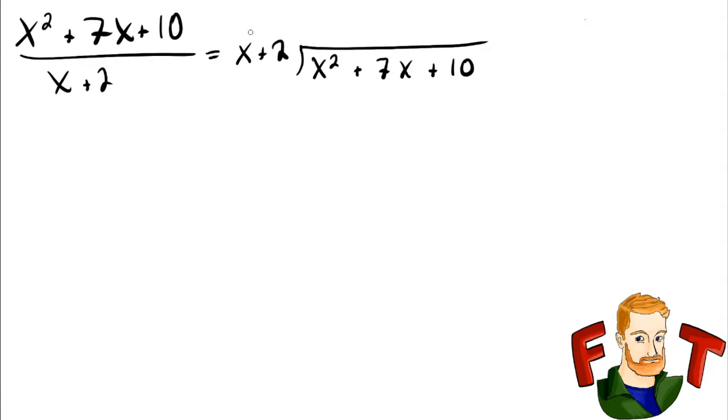So x goes into x squared x times. So we put the x over here because the term up here has to go above the matching term. So this has to be the same term as this when you're setting this up. So x times x plus 2.